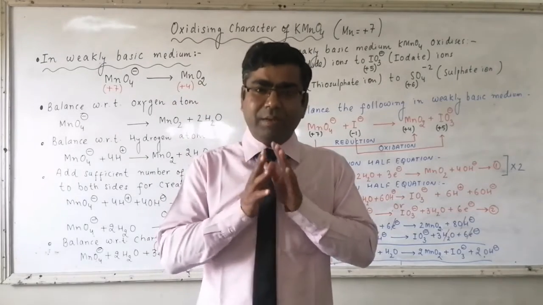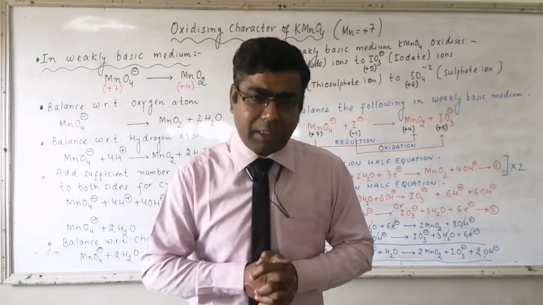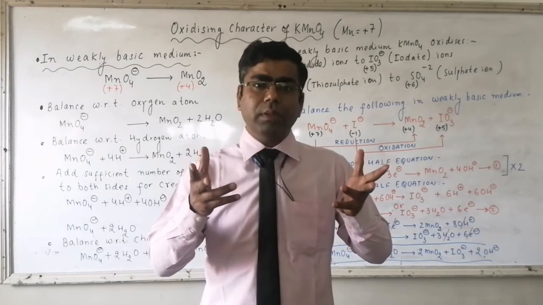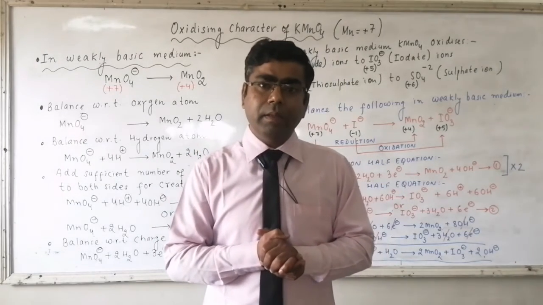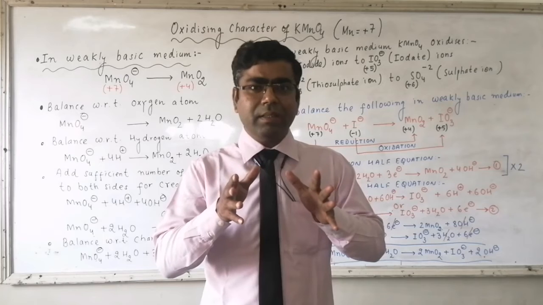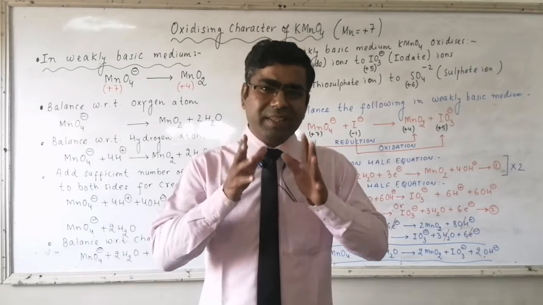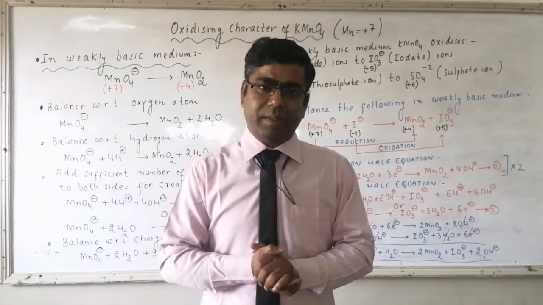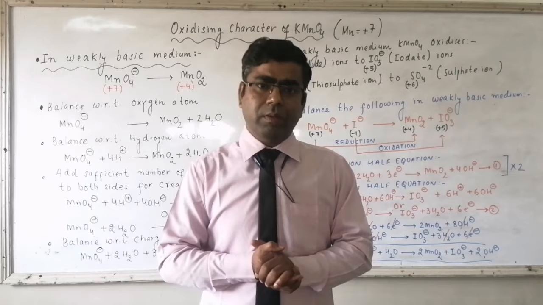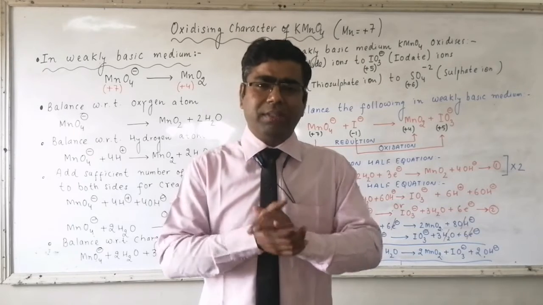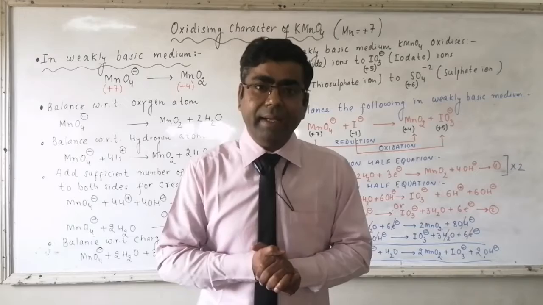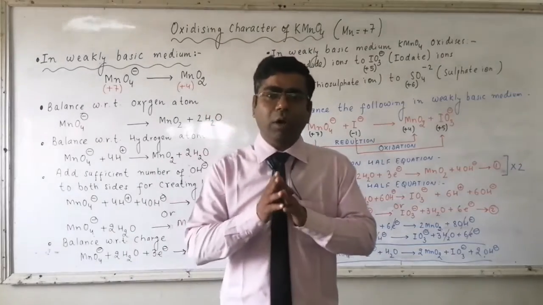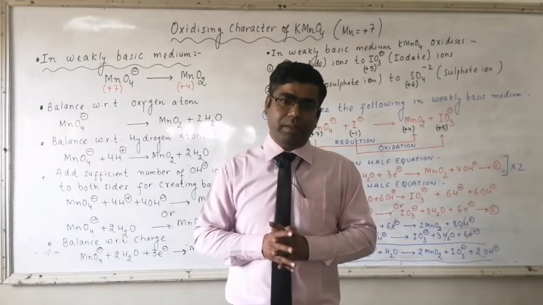Now directly move to step number 2, that is, balance the reaction with respect to oxygen atoms. What will we do in step number 2? We have to see on which side the oxygen atoms are deficient. For making up the deficiency of oxygen atoms, we will add a sufficient number of water molecules to the side where oxygen atoms are deficient.